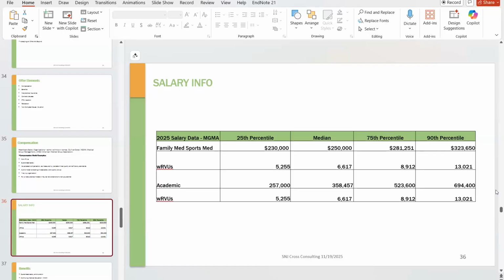And then a lot of the bigger organizations are using more of an average, where they take a combination of MGMA, Sullivan Cotter, AMGA, and their own proprietary salary survey data to come up with a blend average for the 25th, the median, 75th, and 90th. And it's not uncommon, but at least you know where MGMA stands.